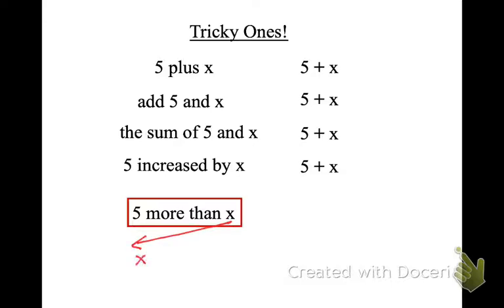Your x comes over here, so we know that this means plus, right? But when you see that than, more than, the x term comes over here and the other first term comes over on this side. Now I know that the value is the same, but I want you to learn to translate properly. So every time we see that word than, you're going to swap the words. Got it?